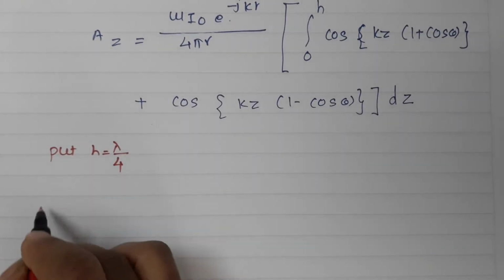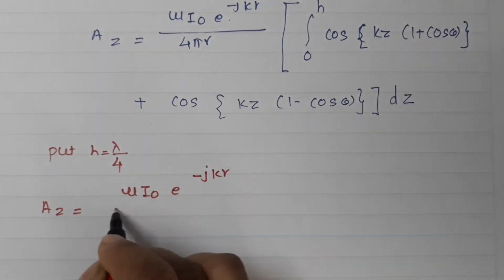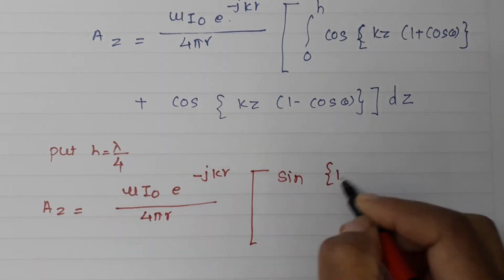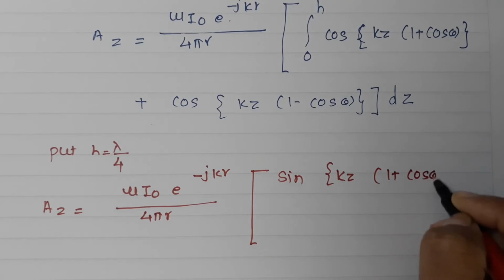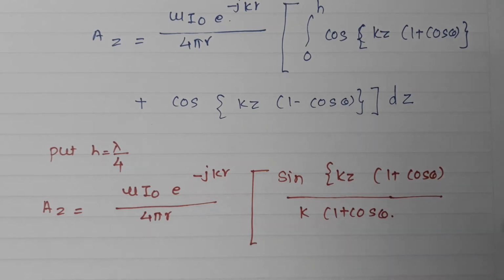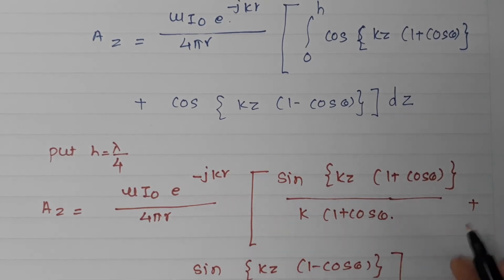I can write this equation as Az = μ I0 e^(-jkr) / 4π, times sin(kz(1 + cos θ)) divided by k(1 + cos θ), plus sin(kz(1 - cos θ)) divided by k(1 - cos θ), where I put h equal to λ/4 and a 0.